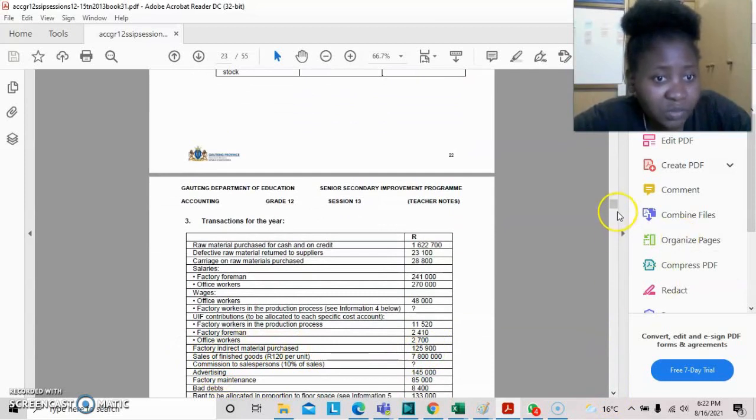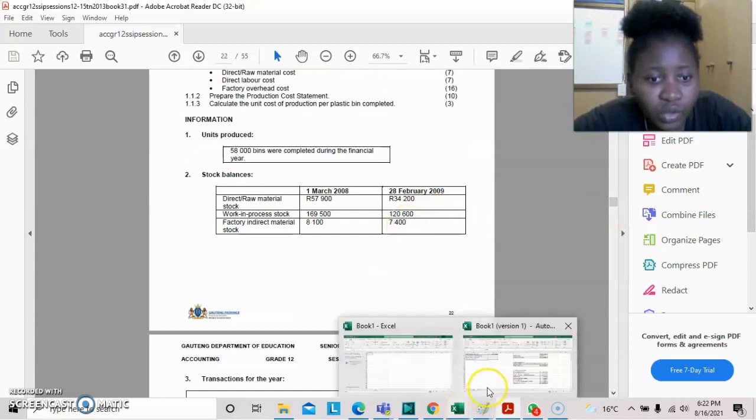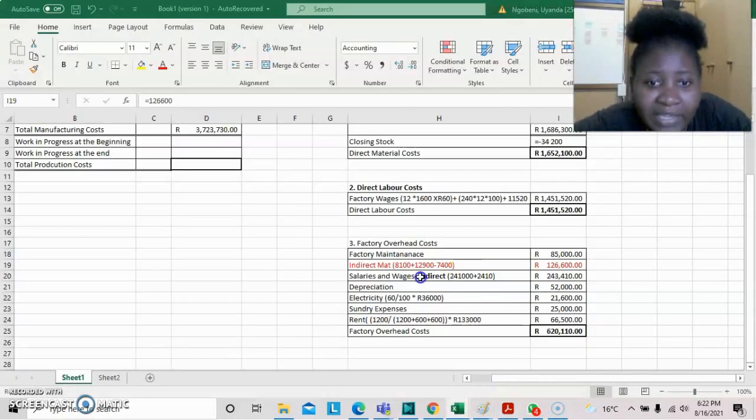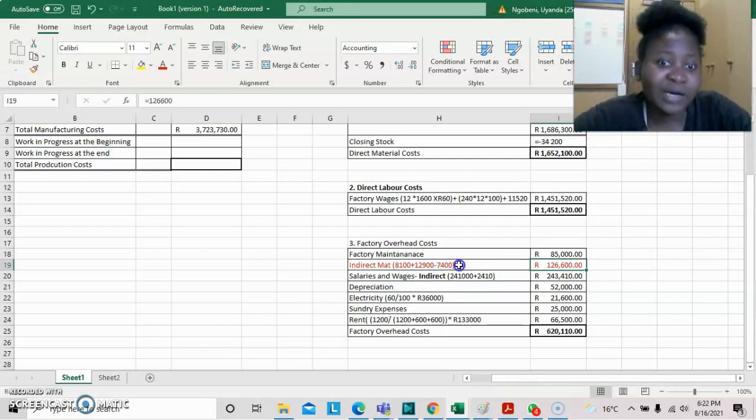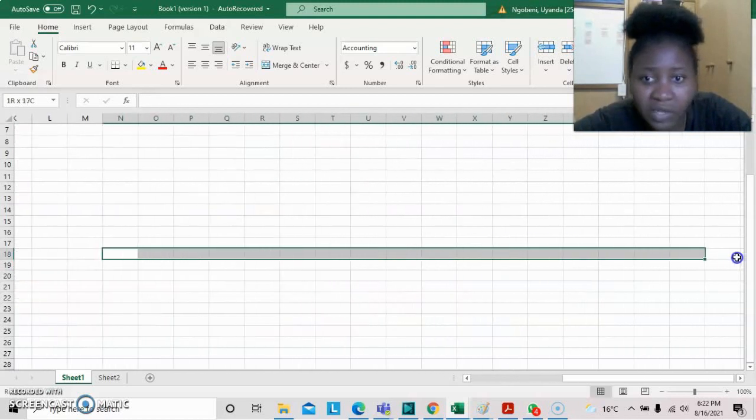And then obviously we have to minus the closing, which is 7,400. So if you go back here, we have the 8,100 plus the 24,900 minus the closing.